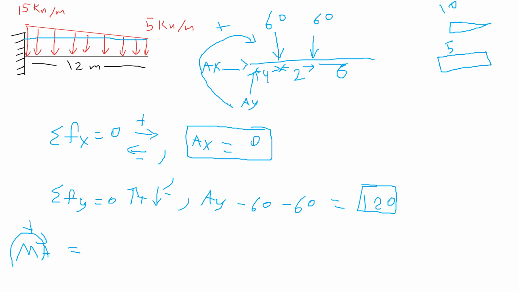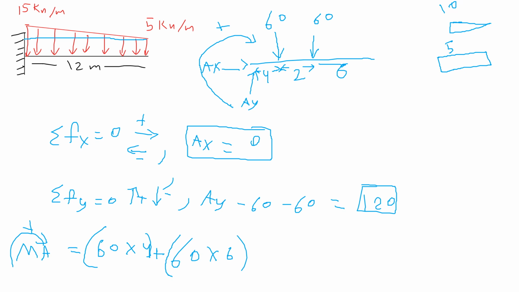Apparently it all goes with the clockwise, so I got 60 multiplied by 4 plus, of course, parentheses, plus 60 multiplied by 6.